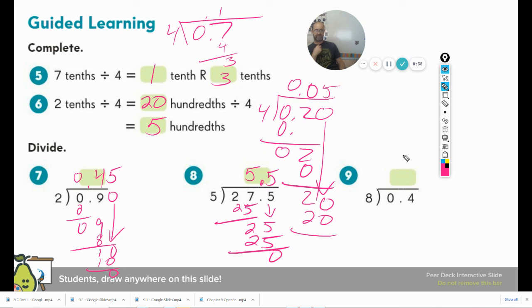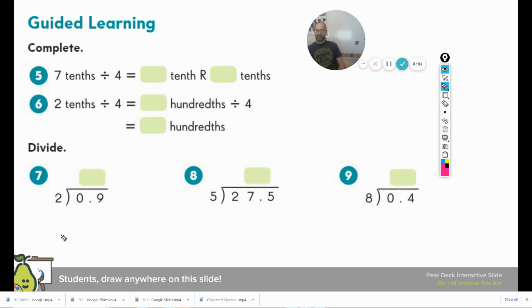Boom. 5 and 5 tenths. And finally, 0. 8 goes into 4, 0 times. Add another 0, bring it down. It goes into 40, 5 times 8, 40, boom. Okay? How nice and neat. All of these are landing in the tenths or hundredths. Not really pushing us too hard.